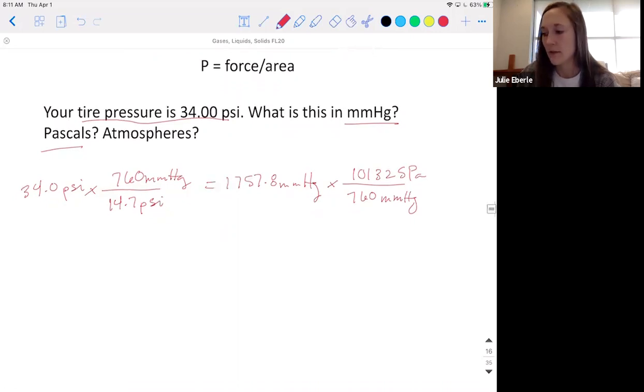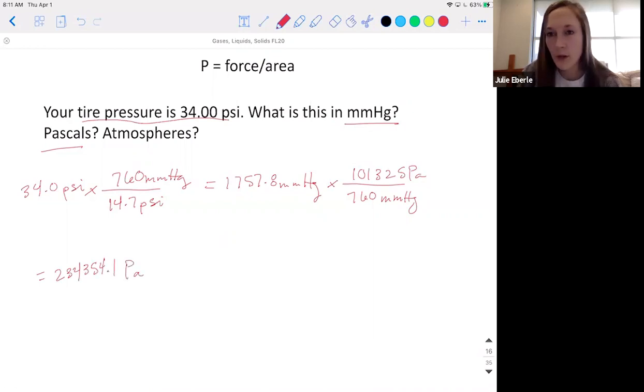Do 1757.8 times the 101,325, divide that by 760. Kristen says she got it, okay, Chris got the same thing. So 234,000. So this equals 234,354.1, and this is pascals.